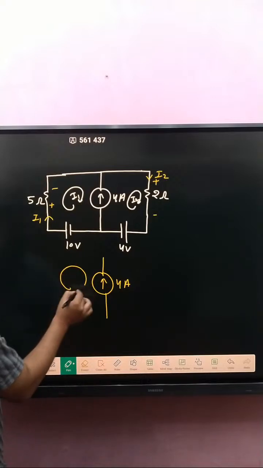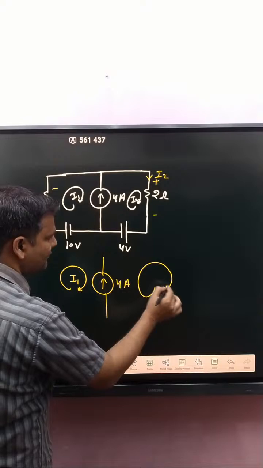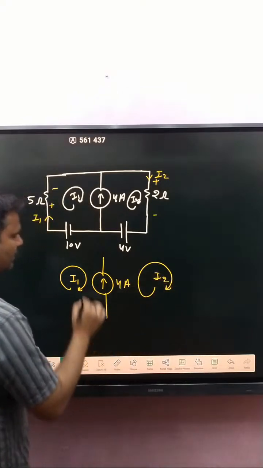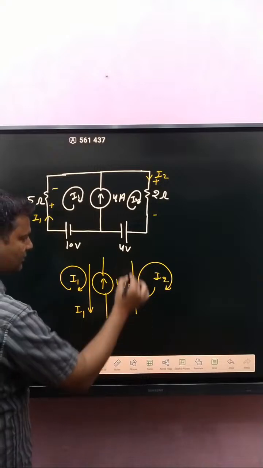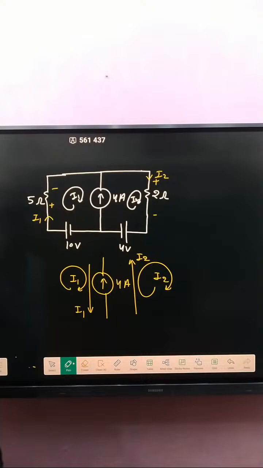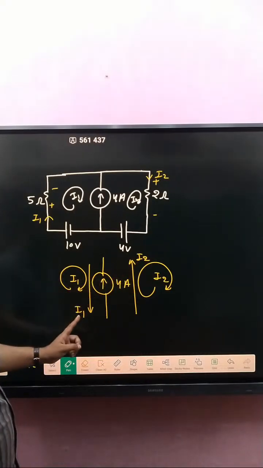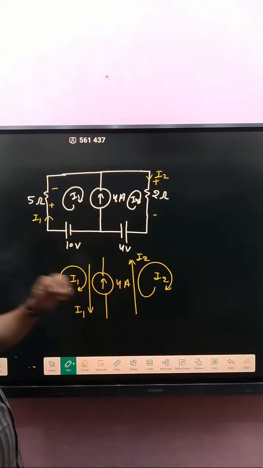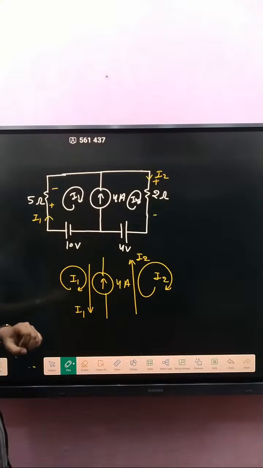Okay. Here I1 and here I2 current. I1 direction like that one, I2 current direction like that one. And that is 4 ampere, the actual current, that is also branch current.